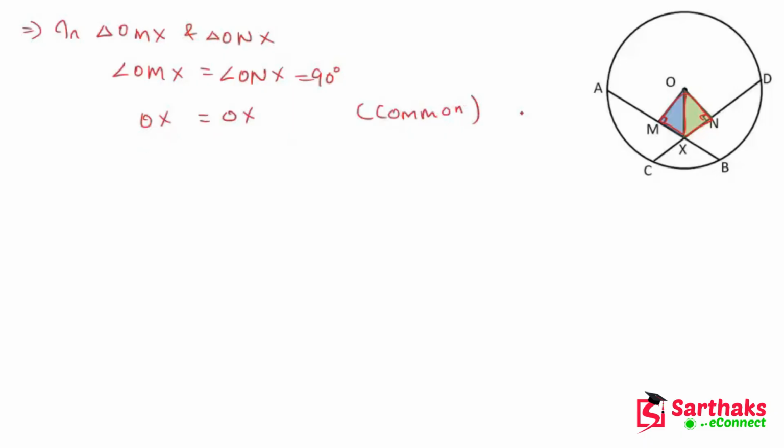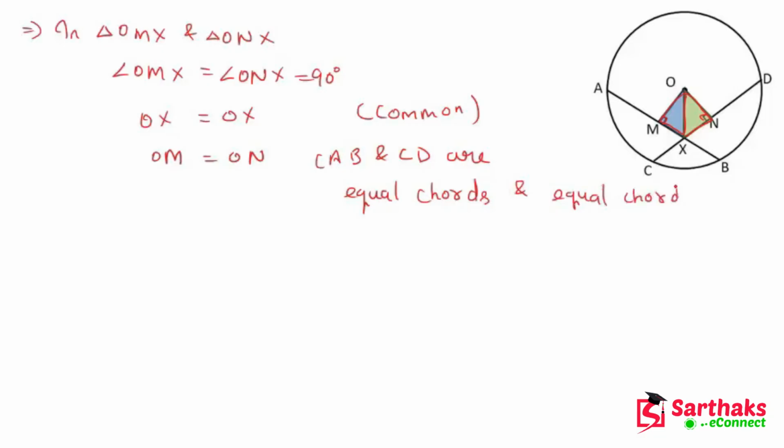And OM is equal to ON, because we know that AB and CD are equal chords, and equal chords are equidistant from the center.